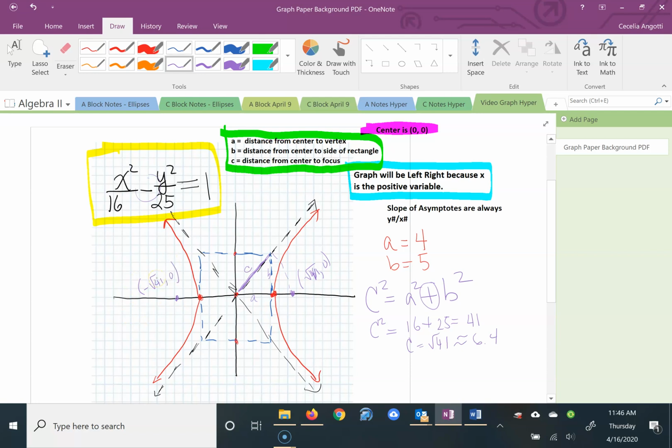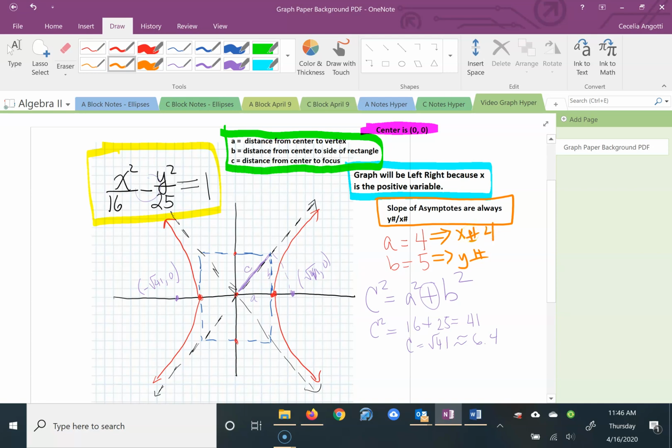Okay, now to our asymptotes. For writing the equation of your asymptote, as I have written here, the slope of your asymptote is always your y number over your x number. Our y number here was a 5, and our x number here was a 4.